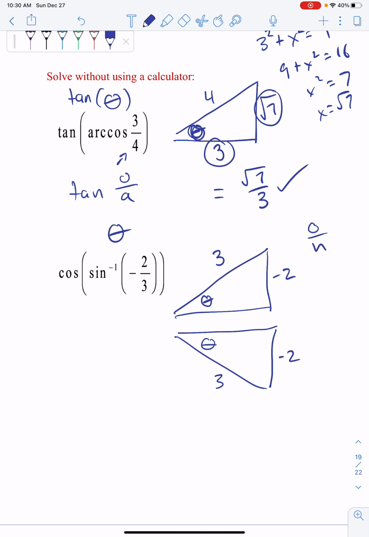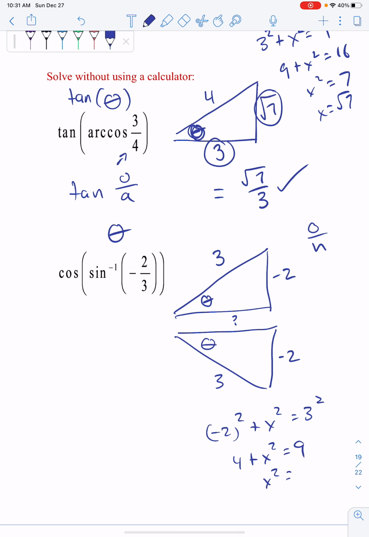If I was looking at this like the unit circle, your hypotenuse is never negative. The negative always goes with the other side. So to take the cosine of this, I need to know my adjacent side. So again, Pythagorean theorem, negative 2 squared plus some number squared equals 3 squared. So 4 plus some number squared equals 9.